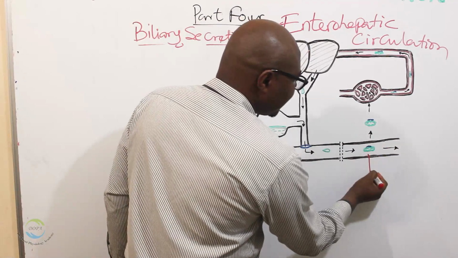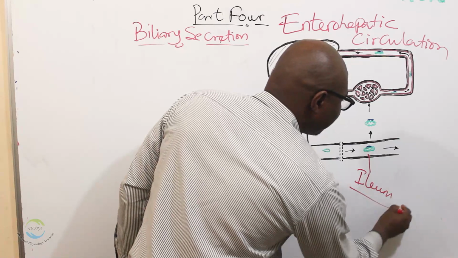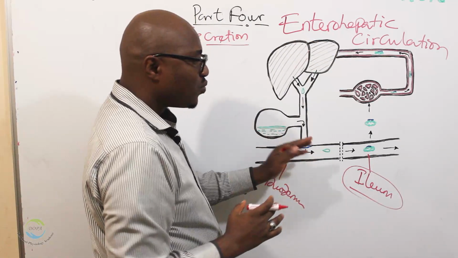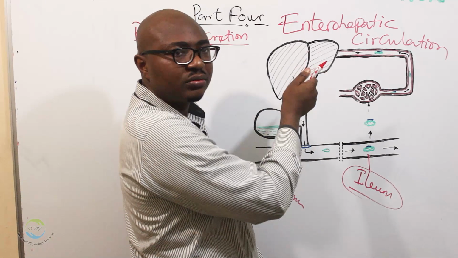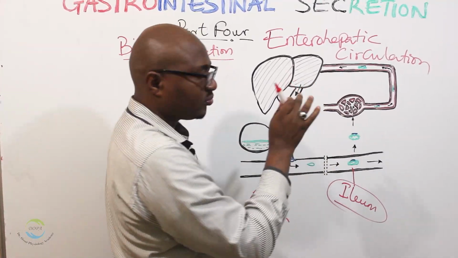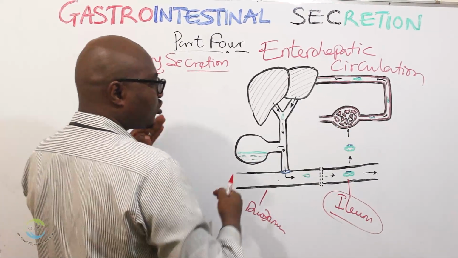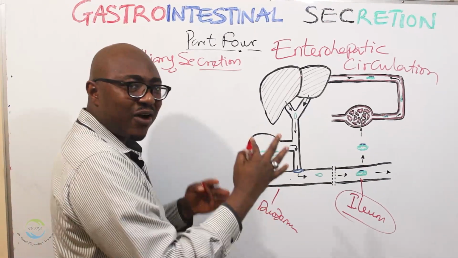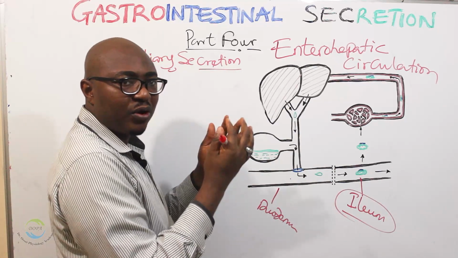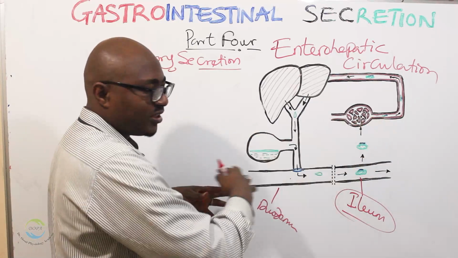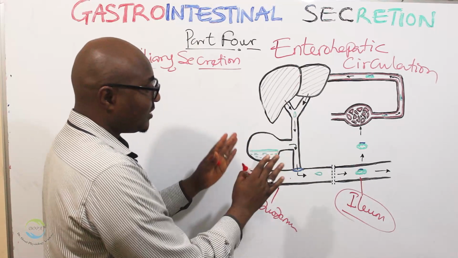So at this point is the ileum. Note it, very important. This is the part of the small intestine where bile acids are reabsorbed into the portal circulation. Okay? So what happens is that the portal vein collects all the nutrient-rich blood from the GIT and transfers them to the liver. That's what this represents.